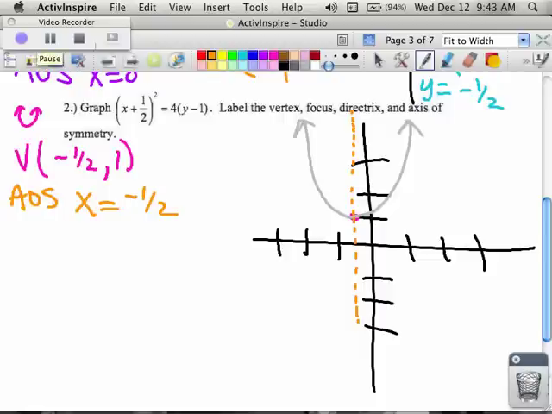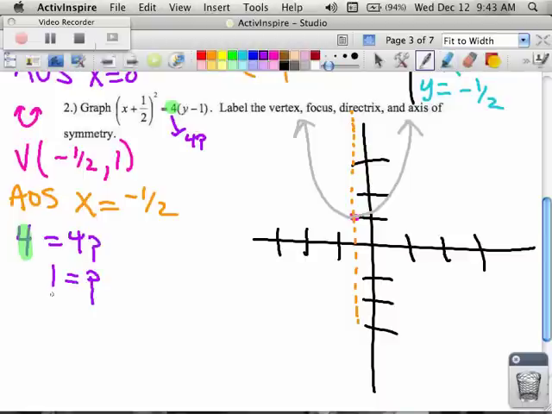After I find my vertex and my axis of symmetry, I like to find the p. The number in front of the non-squared parentheses will always be equal to 4p. So I set my 4 equal to 4p. When I solve that, I find out that my p is equal to 1.